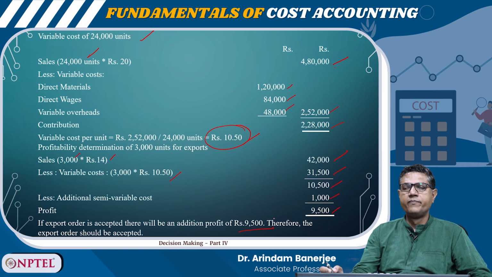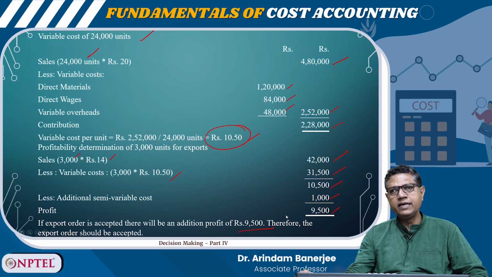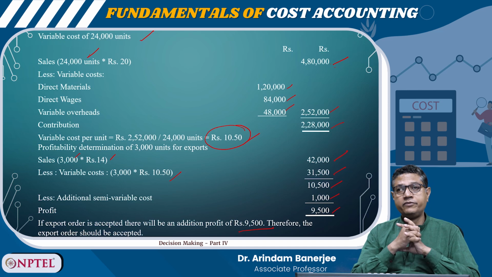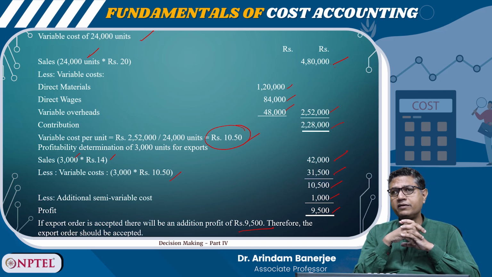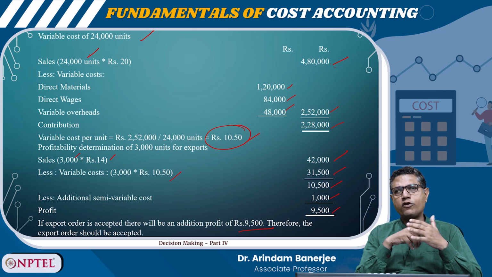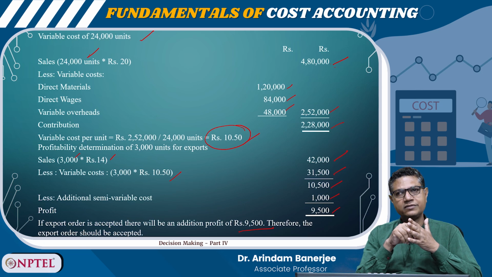Now, you see basically what is happening. For earning a profit, the company needs to cover, if you remember, we discussed in the break even point. What is the formula for break even point? The fixed cost by contribution per unit. If I divide the fixed cost by the contribution per unit, we get the break even units, right.